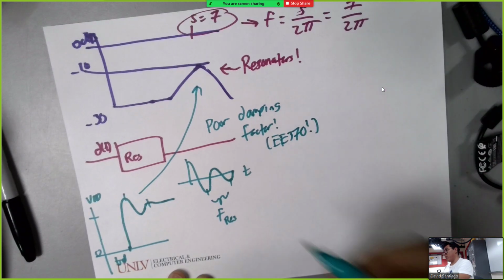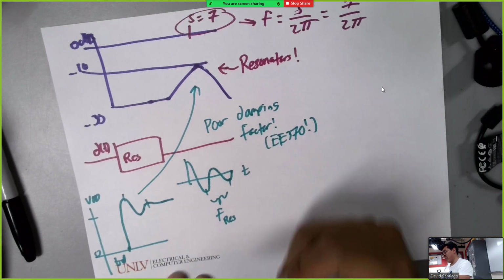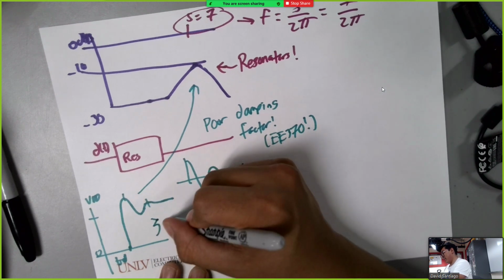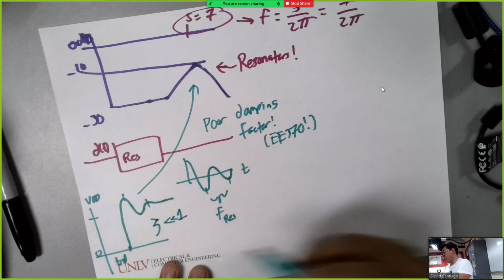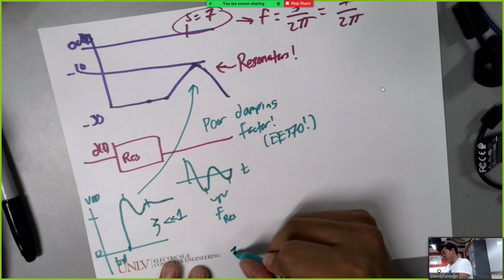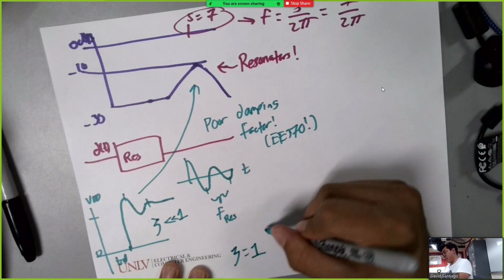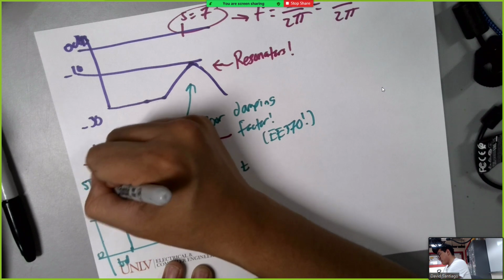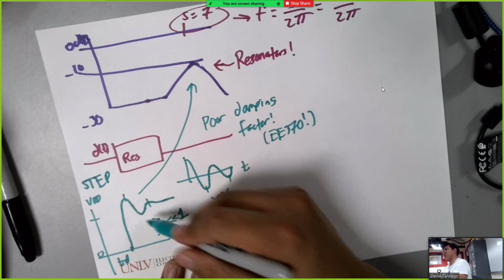Okay, and if you wanted a damping factor of 1, they do like some zeta much less than 1. But if you have a zeta equal to 1, you're gonna get the following step response. So a step response for the resonator, right?